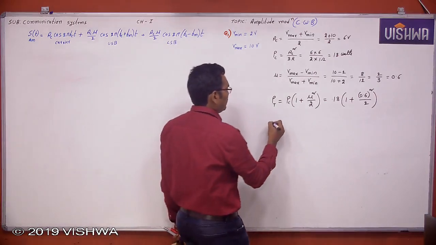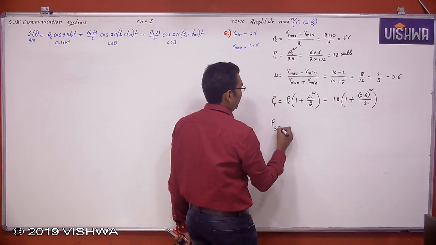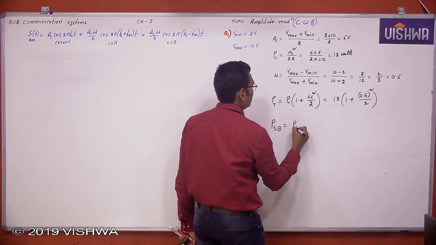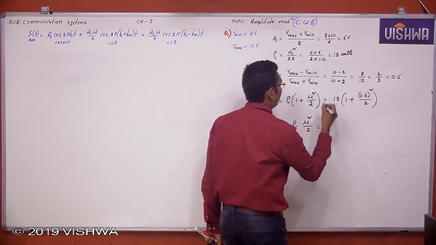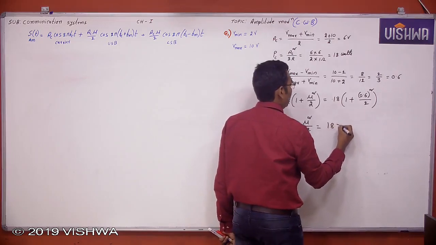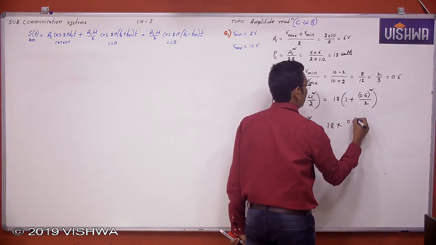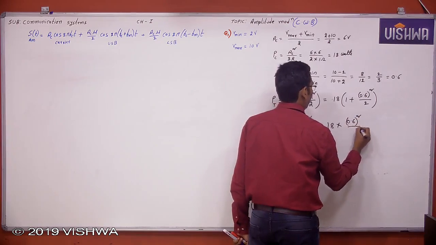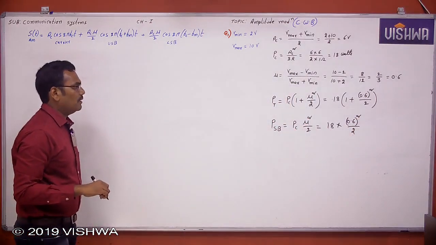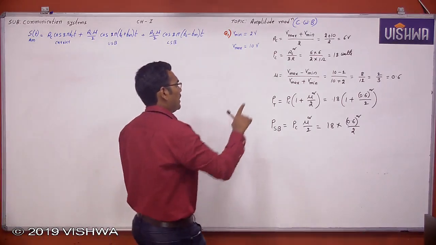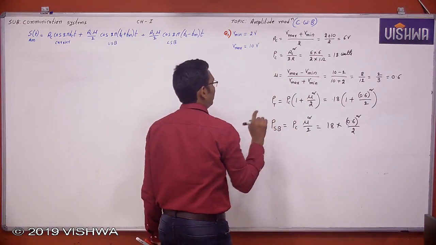The sideband power is Pc into mu square by 2, which is 18 into 0.6 whole square by 2. This is the sideband power. So these are all the powers: carrier power, total power, and sideband power.